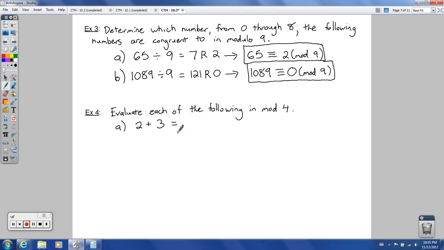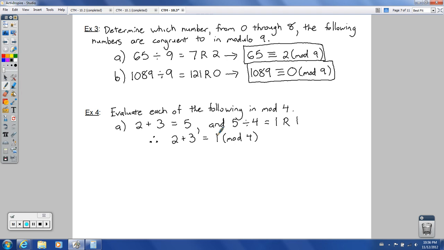So 2 plus 3, what is that in mod 4? We know 2 plus 3 is 5 in normal arithmetic, and 5 divided by 4 is 1 with a remainder of 1. So 2 plus 3 is 1 mod 4, always looking at that remainder for my answer.